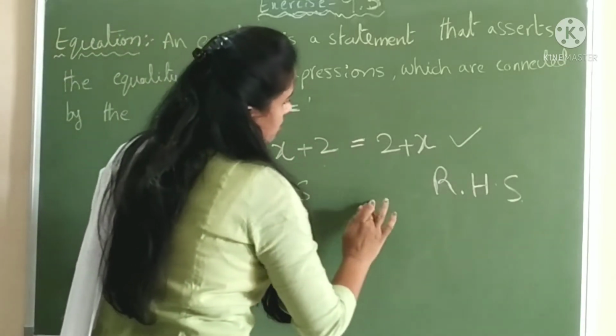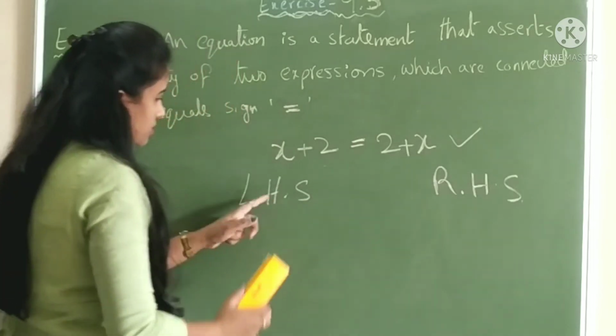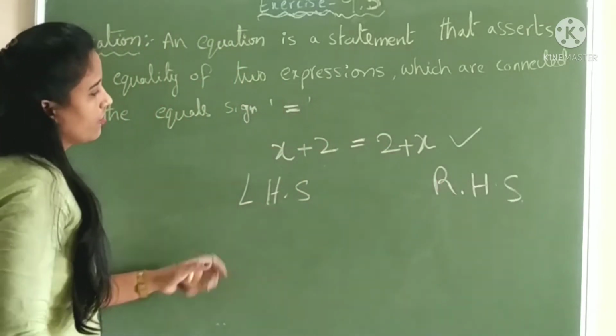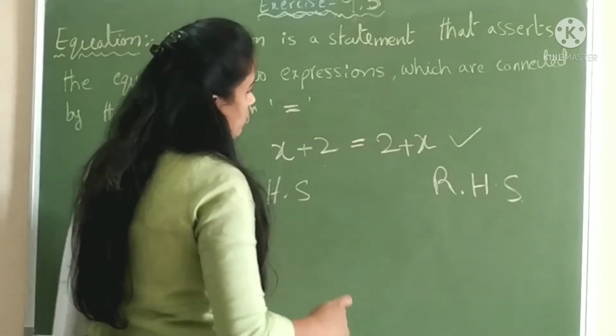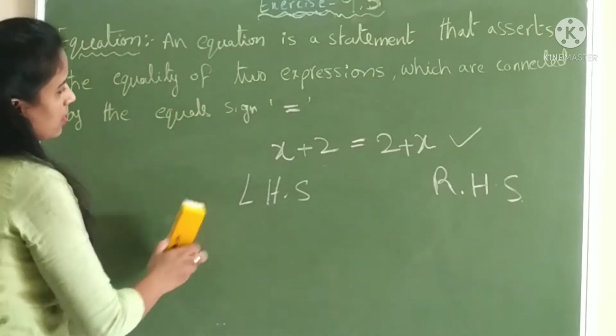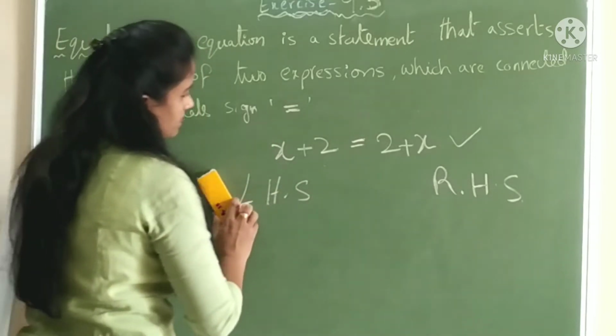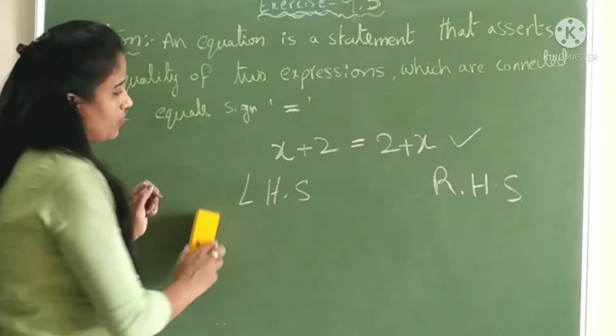So LHS should be equal to RHS. That is the equation. If not, it is not an equation. These two expressions should be equal. Let us see the examples.